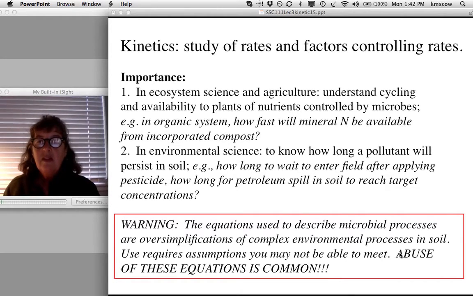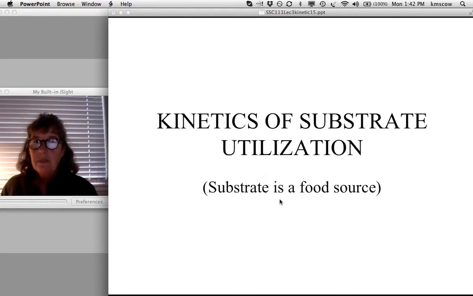So there's a lot of, number one, direct abuse, but also abuse through just naivete, not understanding what is behind using these different kinetic expressions. So just be aware that these are oversimplifications, and it's important to understand what are the conditions under which these expressions are appropriate.